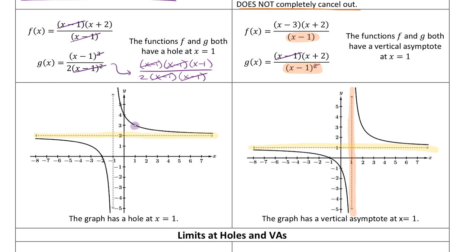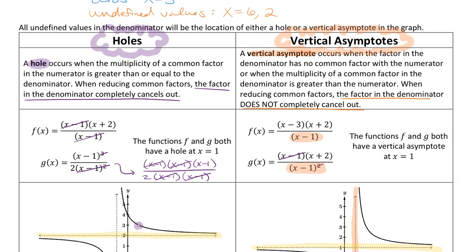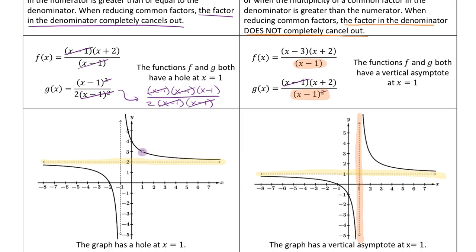Do we understand the difference between where a hole in the graph comes from as opposed to a vertical asymptote in the graph? They're both coming from the denominator, but a hole completely cancels out of the denominator, while a vertical asymptote stays in the denominator. It doesn't completely cancel out.